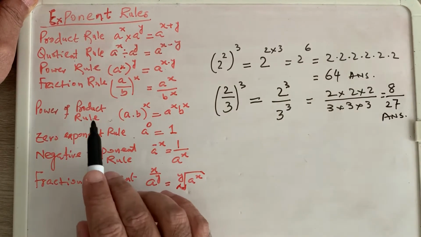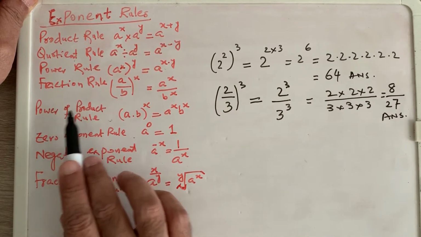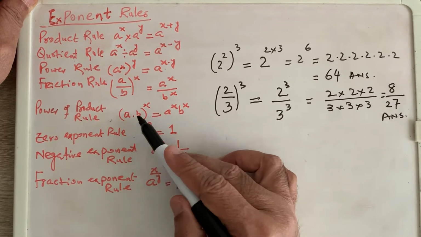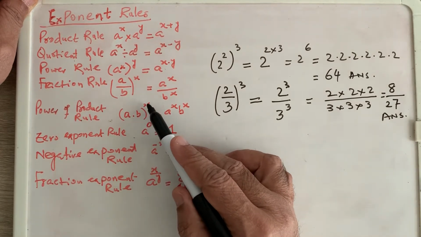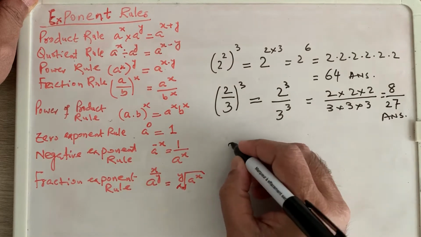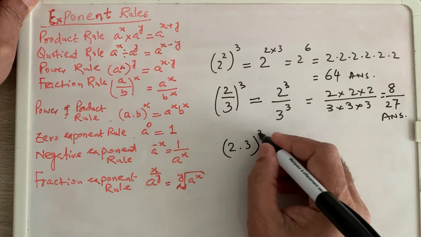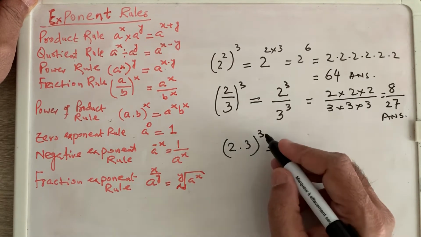Now the third one, overall the fifth one, is the power of a product rule. If two numbers are multiplied inside the parenthesis, but there is a power on top of the parenthesis, like (2.3) to the power 3, that means each of these numbers has got the power.